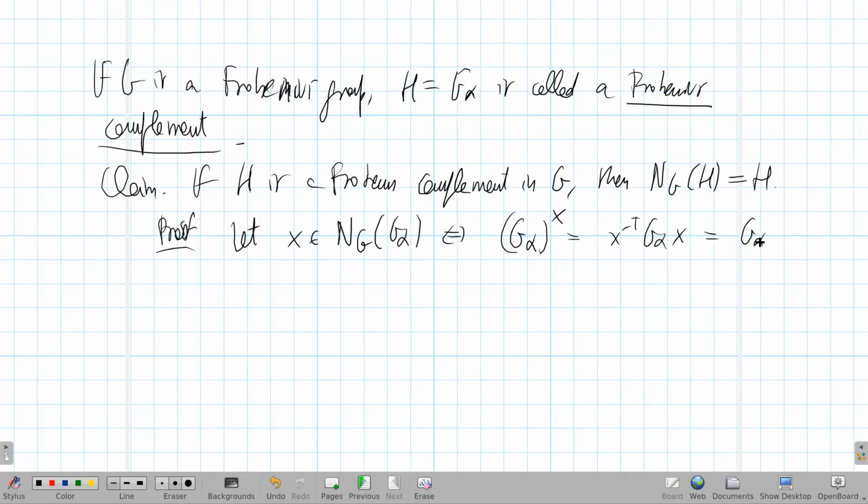But by the formula that I recalled earlier, this conjugate is the stabilizer of alpha X. So we have that the stabilizer of alpha equals the stabilizer of alpha X.